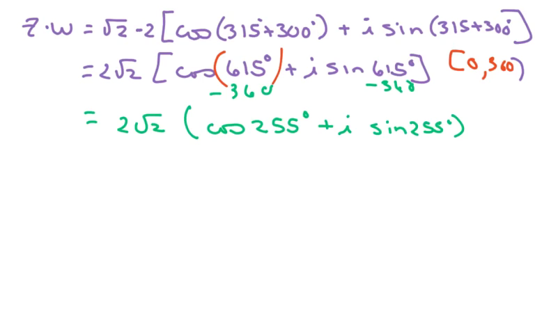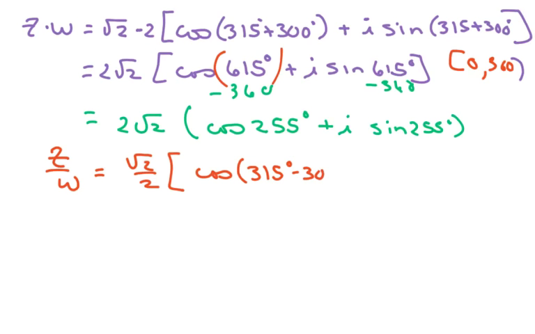All right, and now we're going to do the dividing portion. We have z over w, which is going to be square root of 2 over 2, and you're going to have cosine of 315 degrees minus 300 degrees plus i times sine of 315 degrees minus 300 degrees.